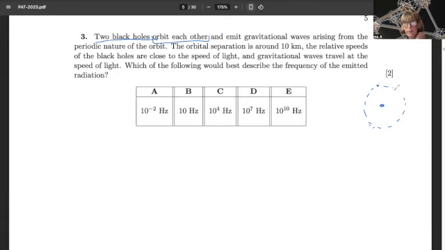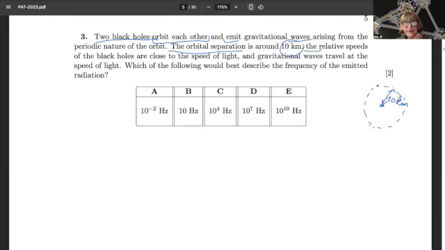And they emit gravitational waves arising from the periodic nature of the orbit. So there are waves in between them. The orbital separation is around 10 kilometers, so meaning this is 10 kilometers between them.